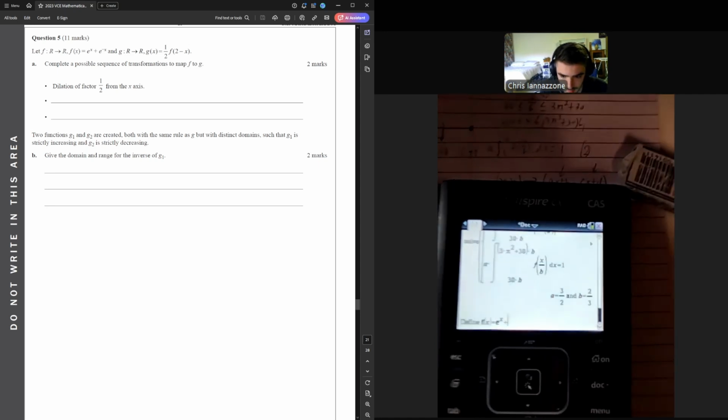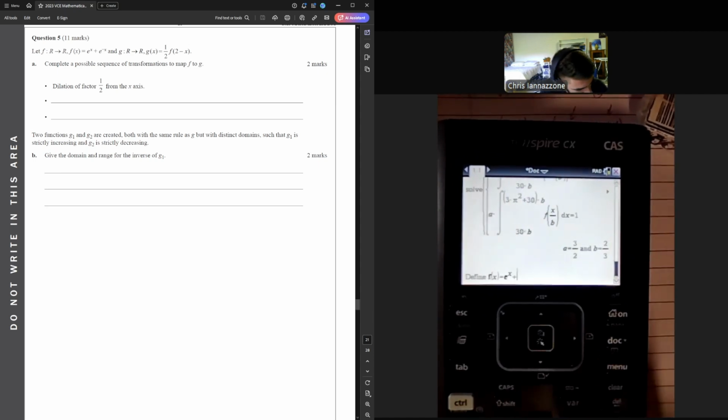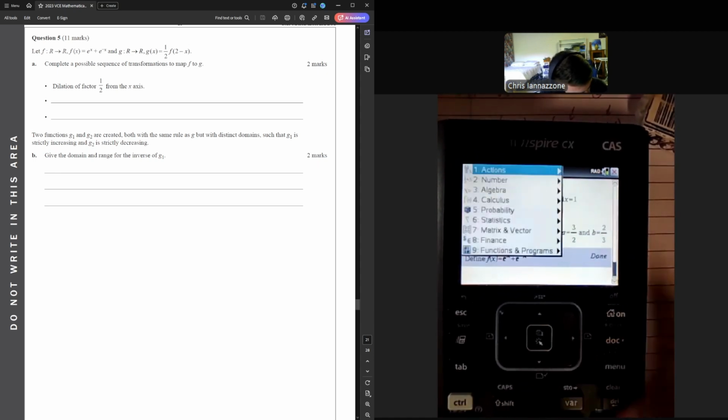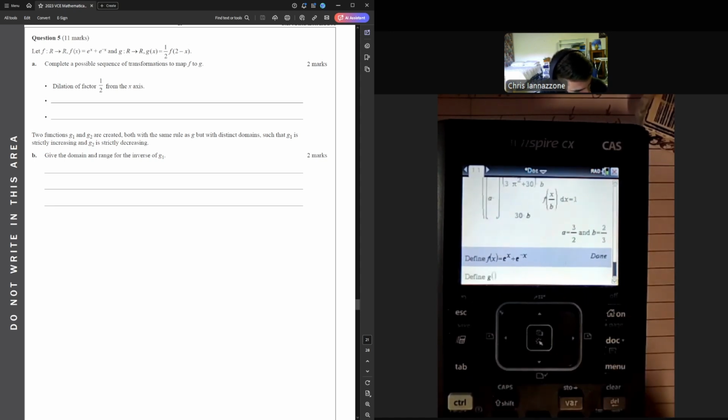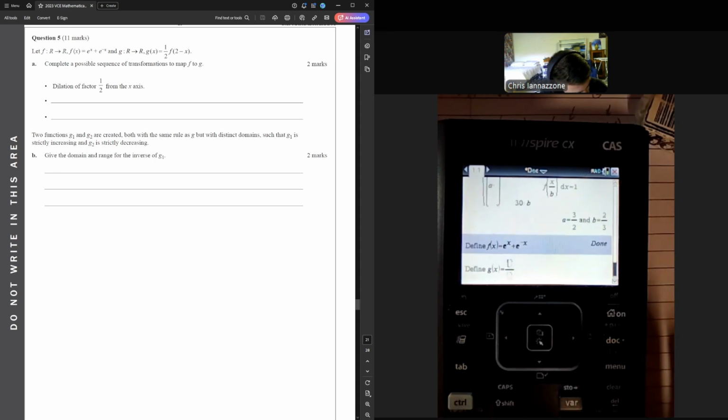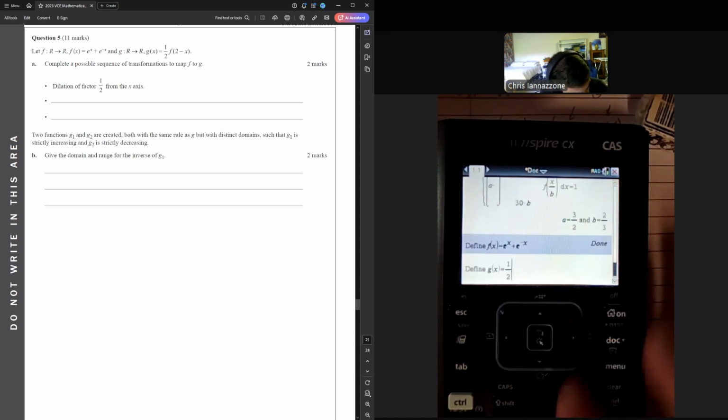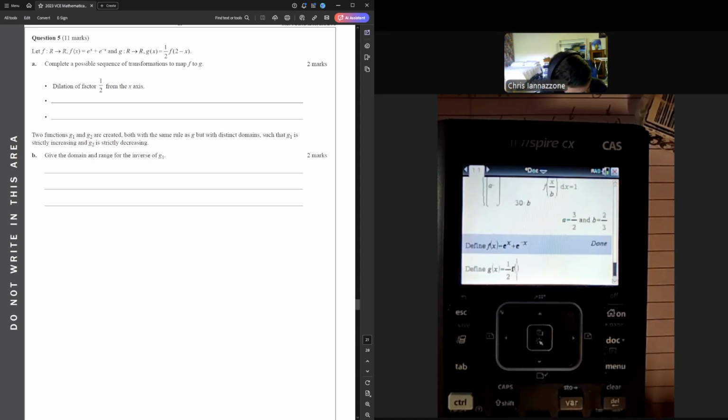And then g of x was the transformation of that. So g of x was a half of f of 2 take x. Yeah, that's what that was.